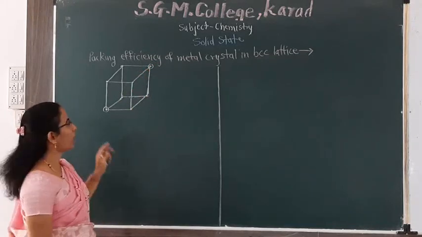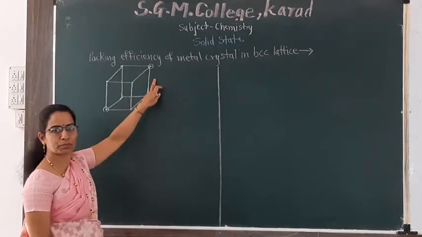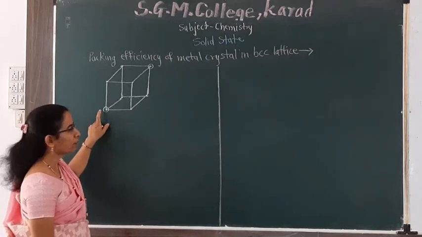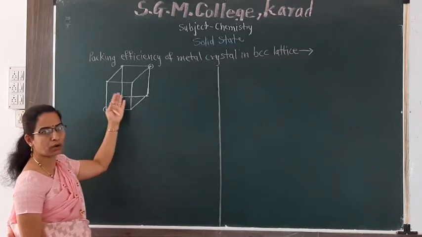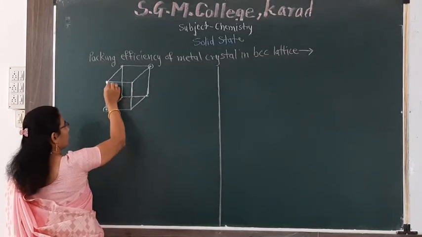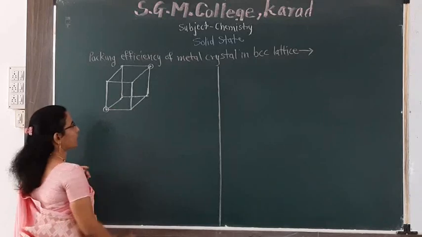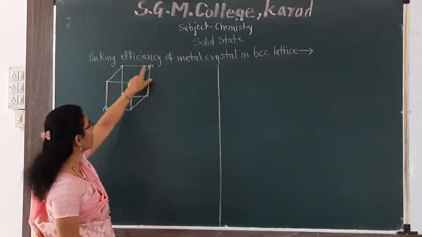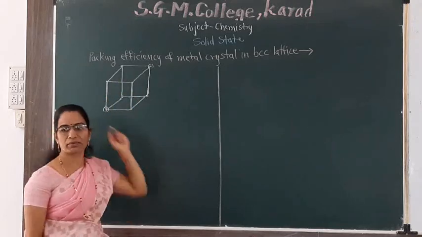So here I have selected 2 lattice points or particles. One is lying at the lower corner of the front side face. See, this is a front face. And I have selected the upper corner particle at the back side face.